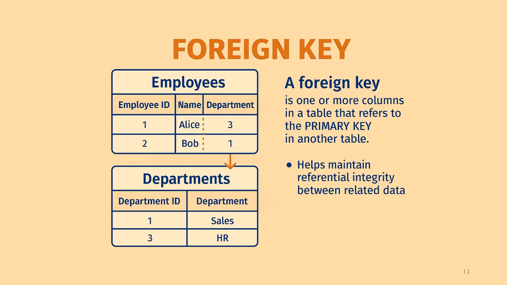For that, using foreign keys is very important to attach one table with another, and this foreign key will refer to the primary key in another table. Okay, so this is the foreign key. This keeps data connected and avoids mistakes.